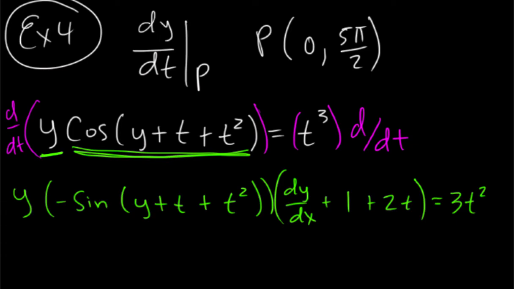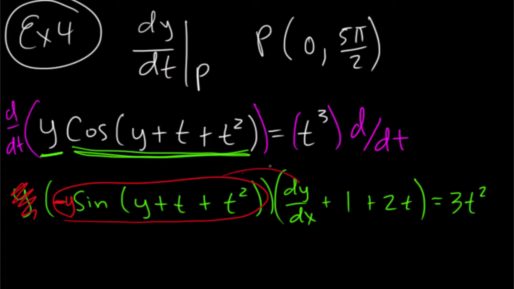From here we want to clean things up a little bit. I don't want to rewrite everything though, so I'm just going to say negative y, just kind of distribute that into there. And then from here, we need to isolate dy/dt. Unfortunately, the best way to do that is to distribute all of that into that. Now, we could treat this like this, so we're only distributing twice, and I think that's what I'm going to do. So I have my dy/dx, or dt actually.